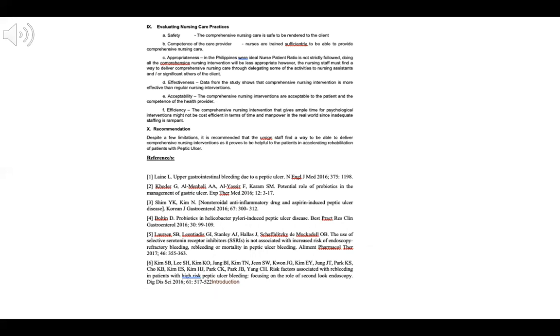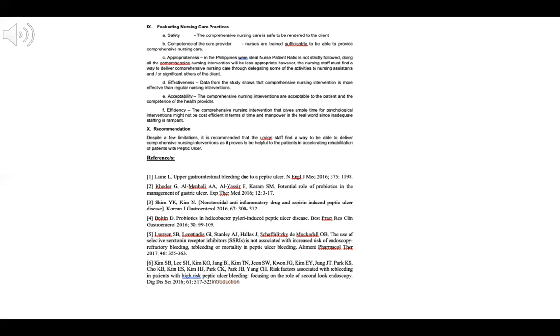And after that, the next step is to evaluate the nursing care practice. Specifically in this EBN paper, the interventions can be evaluated. So please note that there were two types of interventions that are being compared.